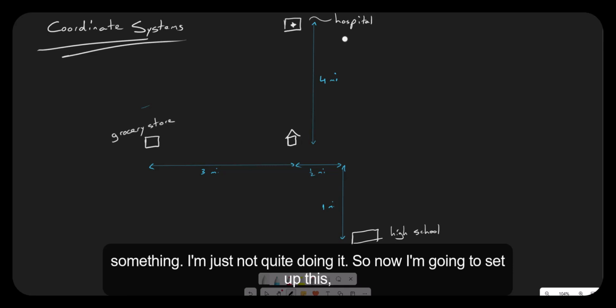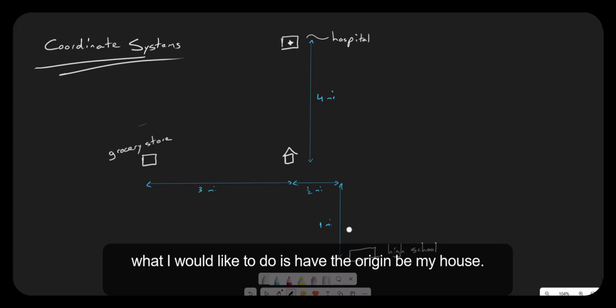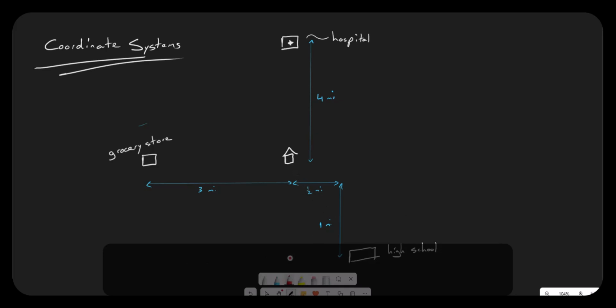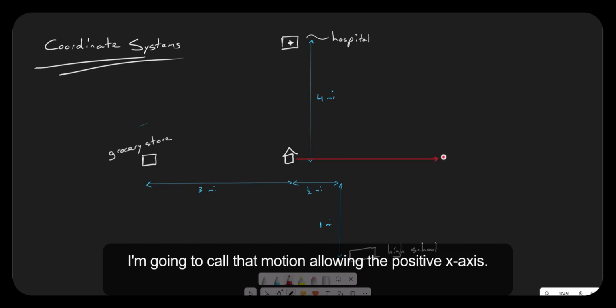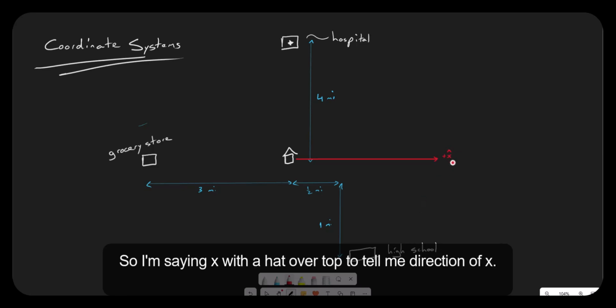So now I'm going to set up this system. What I would like to do is have the origin be my house, and I'm going to say any motion that goes from my home eastward, I'm going to call that motion along the positive x-axis. So I'm saying x with a hat over top to tell me the direction of x.